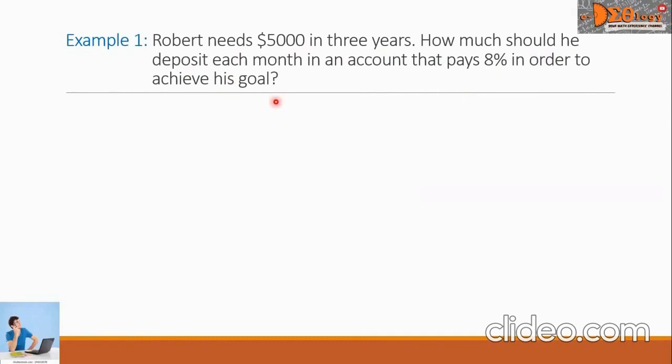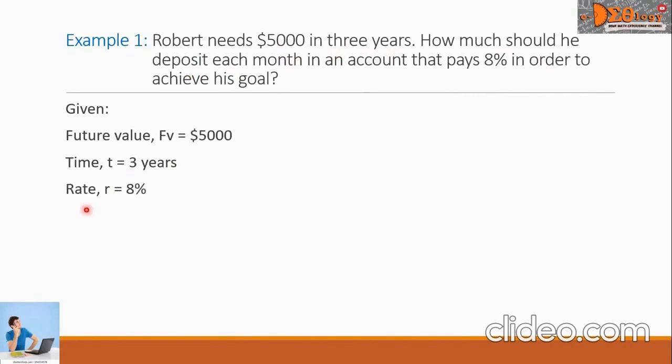Let us solve this first by writing the given of the problem, starting with the future value, that is FV, and that is the $5,000, followed by time denoted by T, and that is 3 years. Next is the rate denoted by R, that is the 8%.